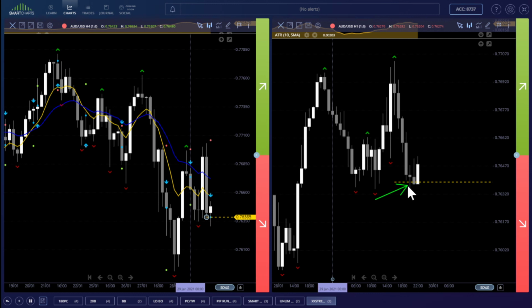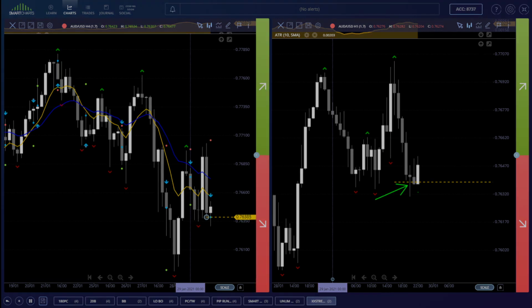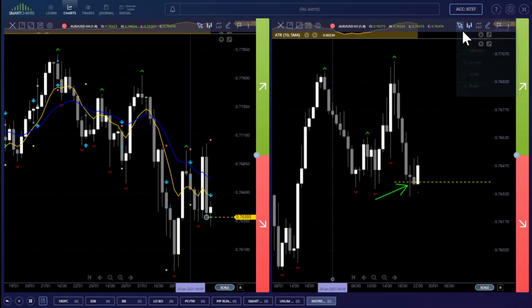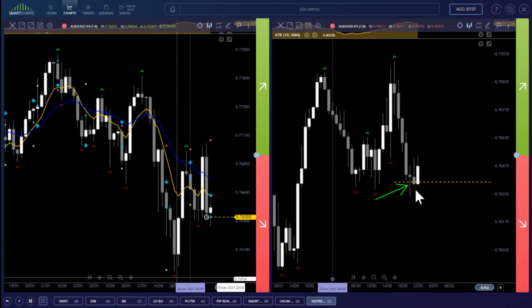If we're actually measuring this, we can see up here the close is 76385, versus the low of 76373.